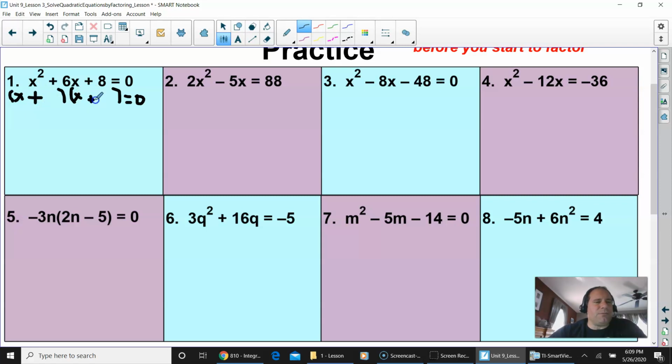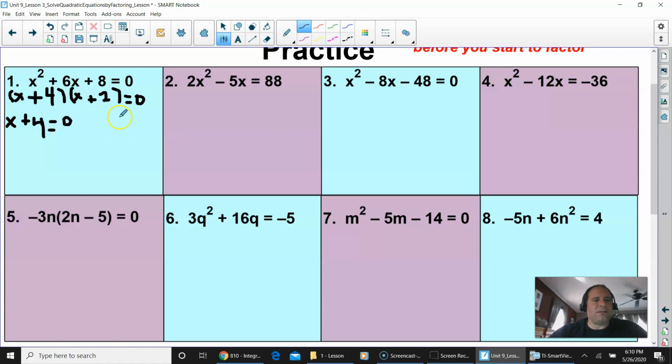So what two numbers multiply to 8 and add to 6? Yes. 4 and 2. 4 times 2 equals 8, and 4 plus 2 equals 6. So all you have to do now is x plus 4, and you're probably ahead of me. So if you are ahead of me, please go ahead to the next problem.